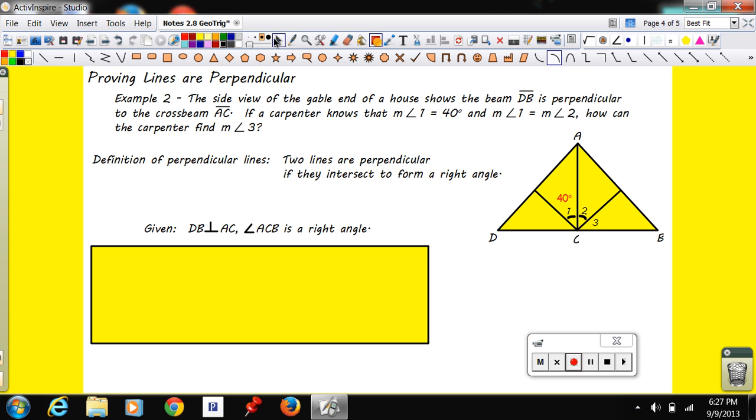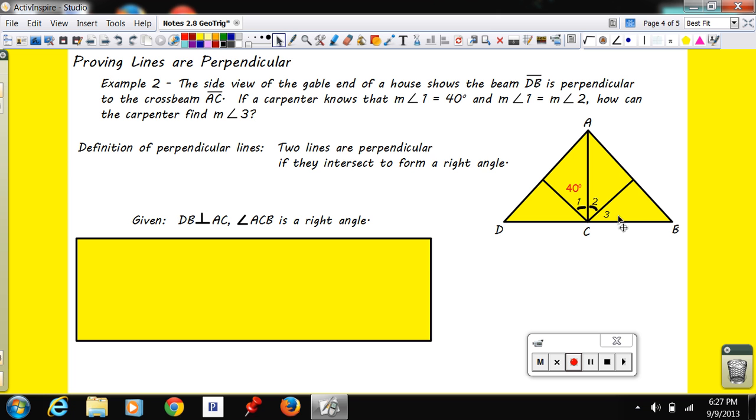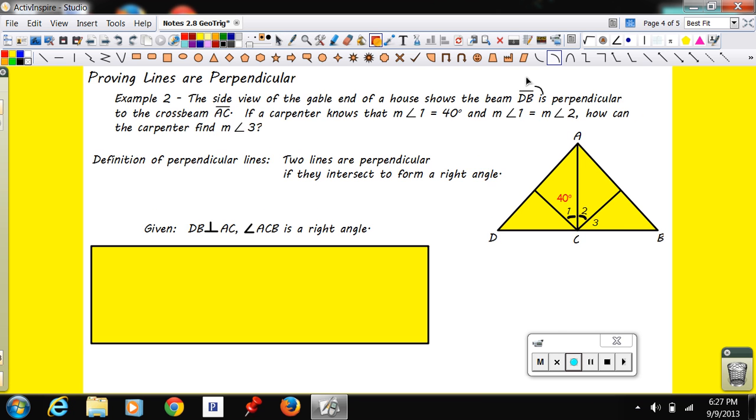How can the carpenter find the measure of angle 3? This one down here. So if the 2 lines are perpendicular, then they form a right angle. So we already know that these are perpendicular right here, because it says DB is perpendicular to AC. So we know that there is a 90-degree angle right here.